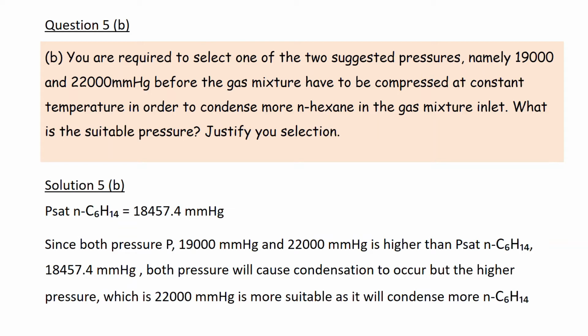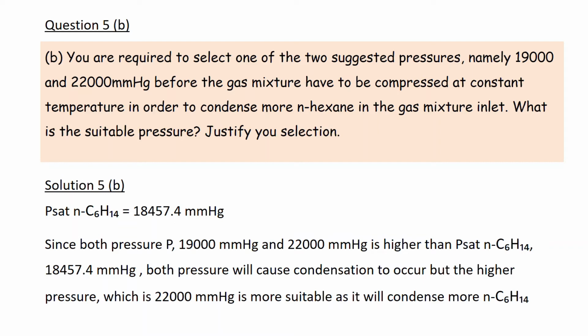How to find the saturation pressure? We use the vapor pressure of the N-hexane that we found in part A divided by the mole fraction of the N-hexane, and then we get the saturation pressure equals 18457.4 millimeter mercury.